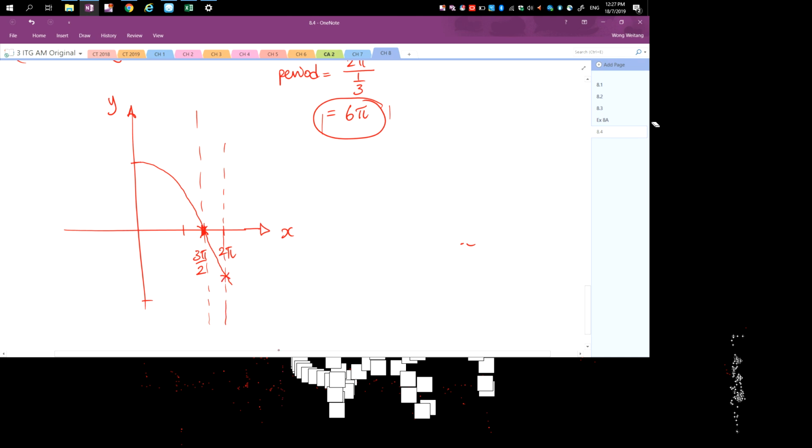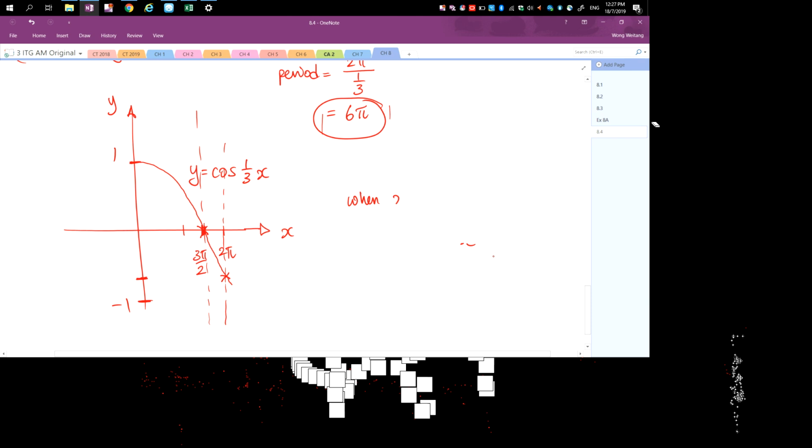Now, I need to find out what is this value over here. What is this minimum value? Initially, this is the graph of y equals cosine 1/3 x. So this maximum value is 1. Minimum value was -1. What is now this value over here when x is equal to 2 pi? So we need to calculate. You need to write down the value.